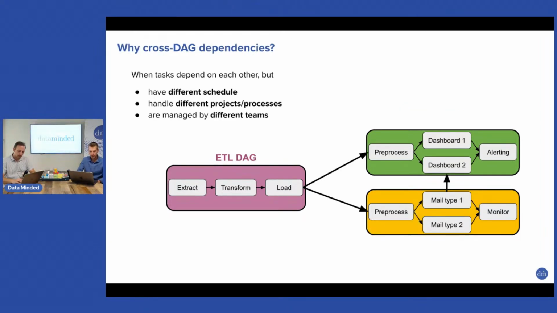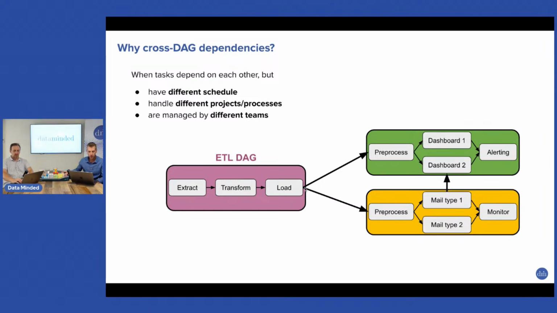Then when do we have cross-DAG dependencies? This can happen when some tasks depend on each other from different DAGs. And here on the slide I have drawn some arrows to indicate how this can happen.